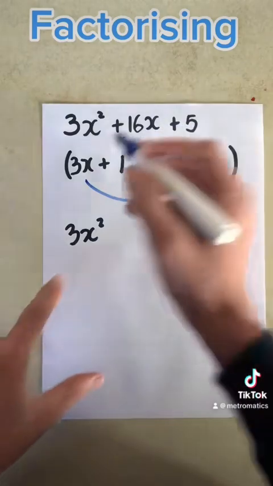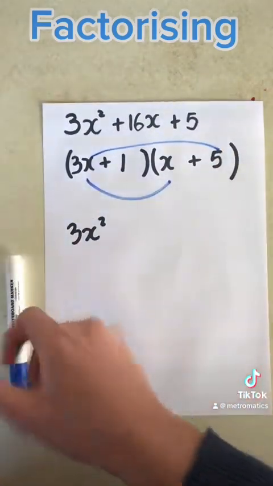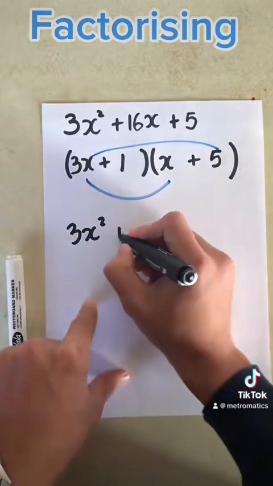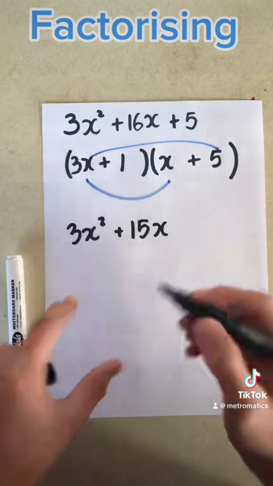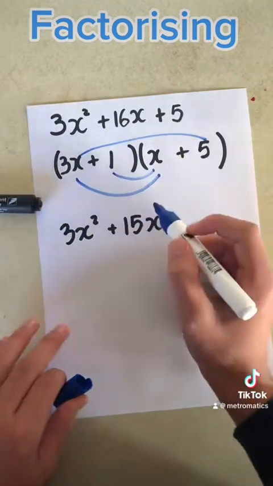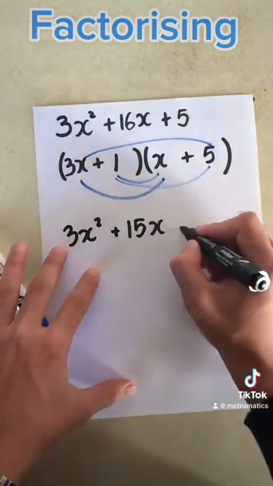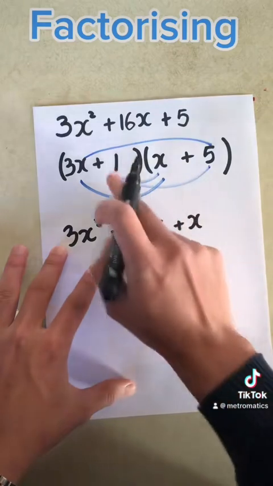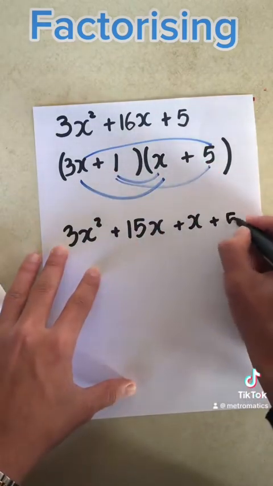Let's look at 3x times 5. That will give me 15x. Then 1 times x will give me plus x, and 1 times 5 will give me 5.